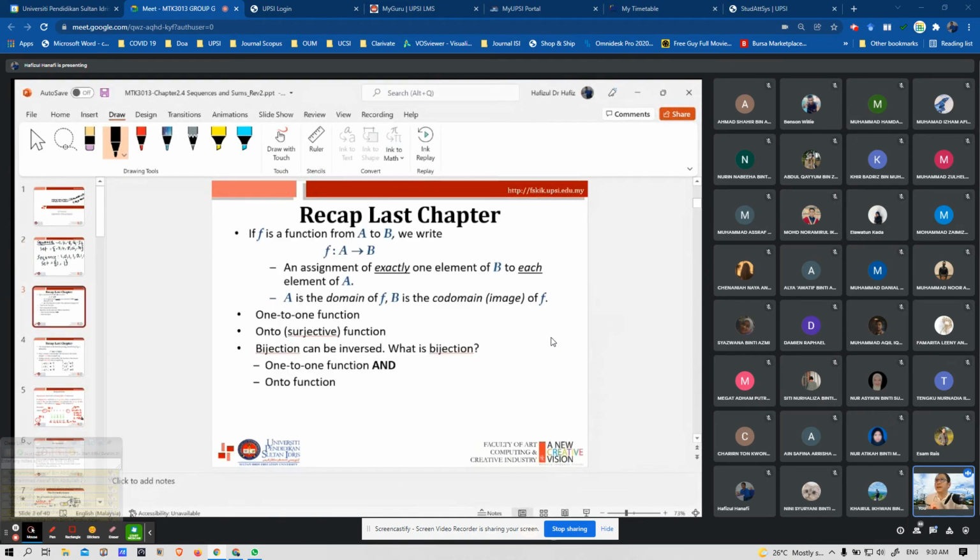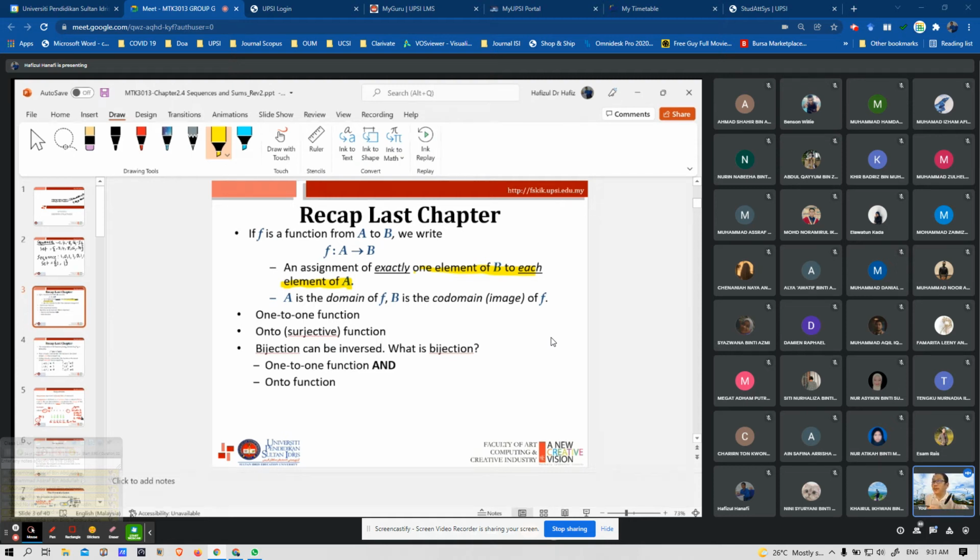This one is for the recap. Recap for the functions we have learned: a function from set A to set B is an assignment of exactly one element of B to each element of A. A is the domain of the function, and B is the codomain, with the image and pre-image.